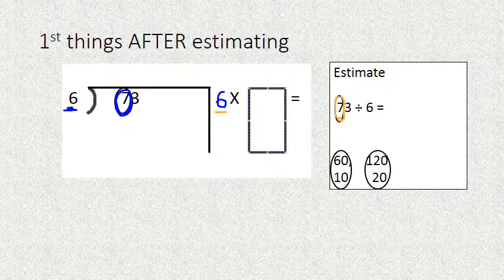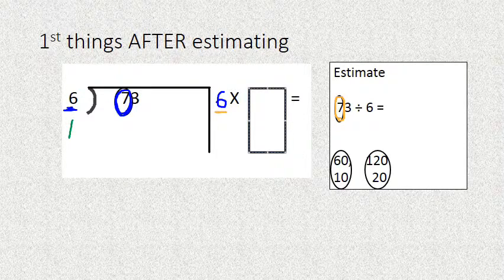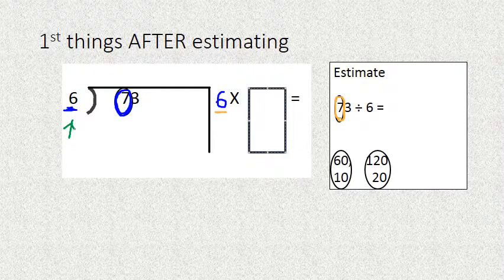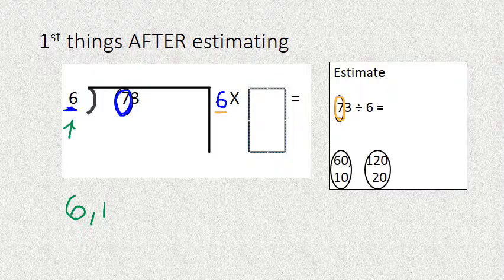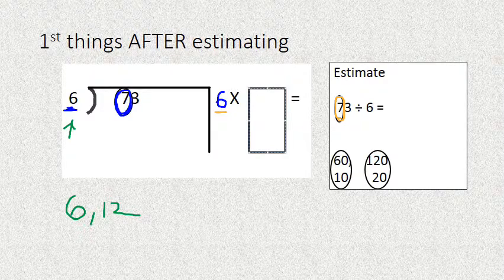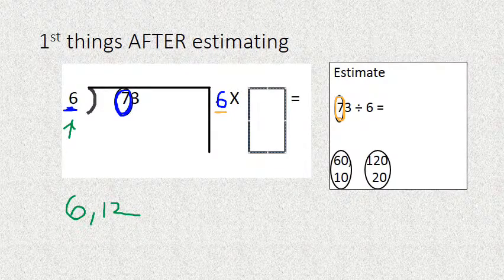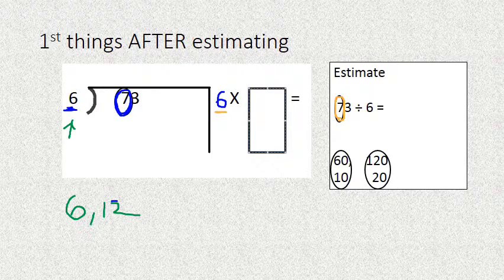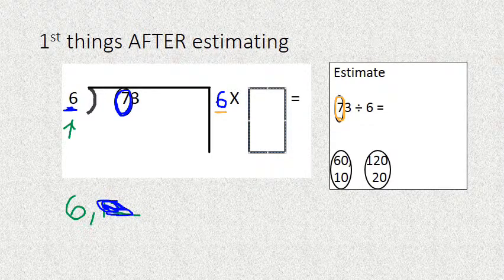I then start my count bys. 6, 12 until I get bigger than the number that is circled. 12 is bigger than 6, so I just cross that out. And I think to myself, how many times did I have to count 6?